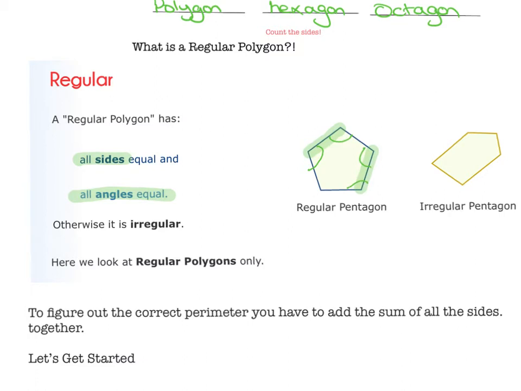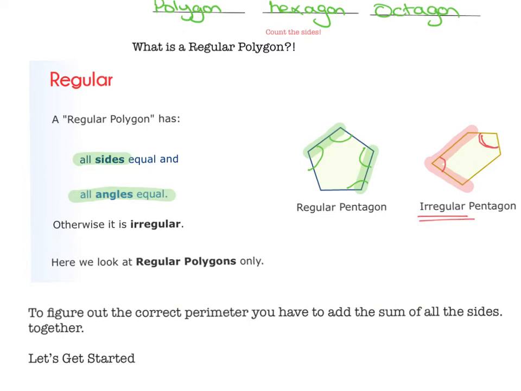On this occasion, this side is longer than this side, and this angle is different to that angle. Okay, so that makes it an irregular pentagon.